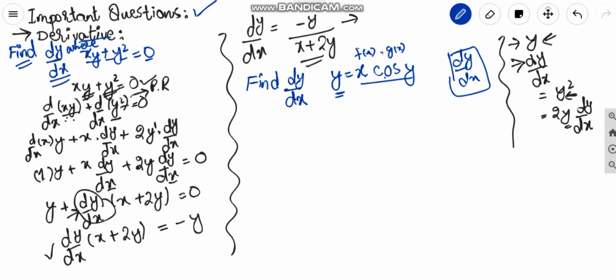So we can use product rule to find out the derivative of this function on the right hand side, and on the left hand side we have y, so differentiate y with respect to x, so it becomes dy by dx equals, here we will use product rule, take the derivative of first function and second function remains as it is, plus first function is as it is, and take the derivative of second function.